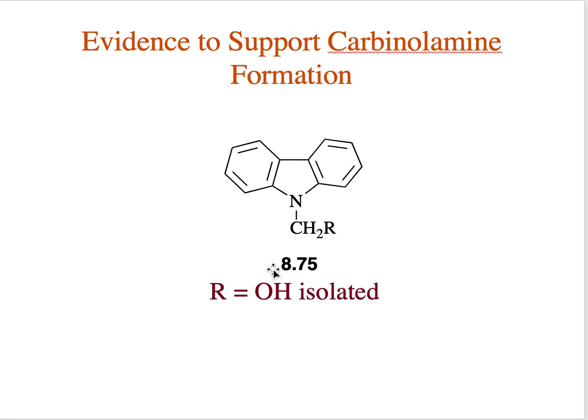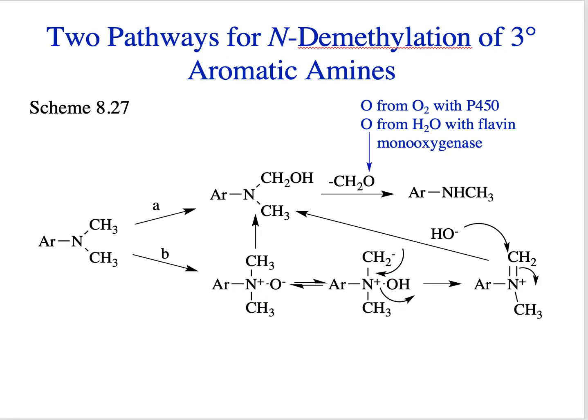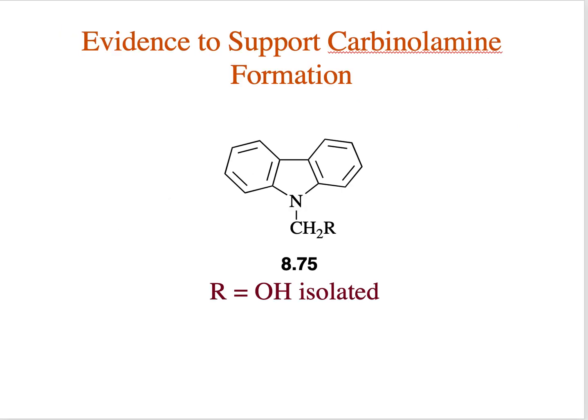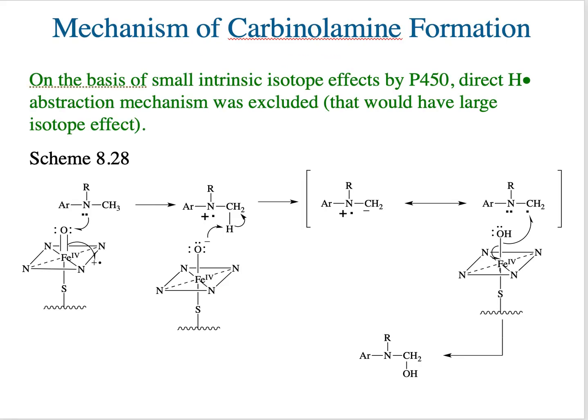In this case, they're able to actually isolate that R with the OH. So this is the carbinolamine. This is again one of the ways they got proof that they had that form, that OH group alpha to the amine, the carbinolamine. The carbinolamine is forming because that anionic intermediate is able to abstract the proton here.